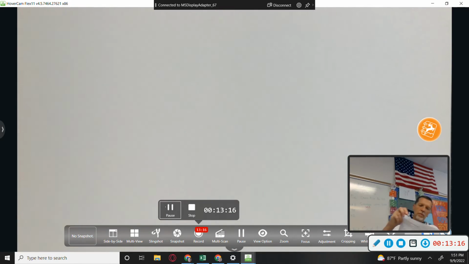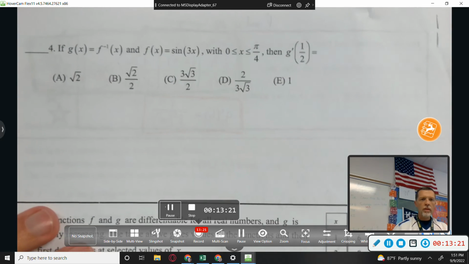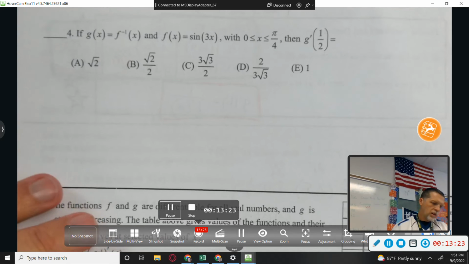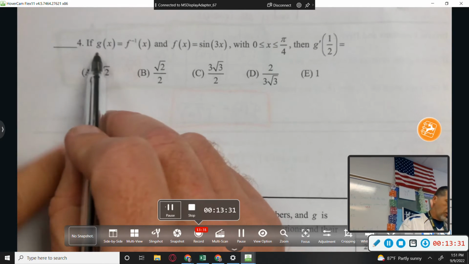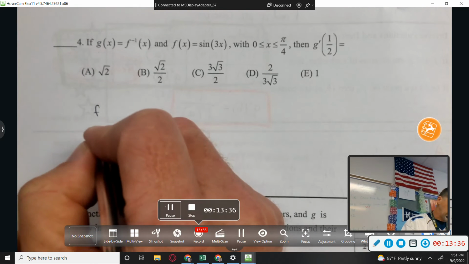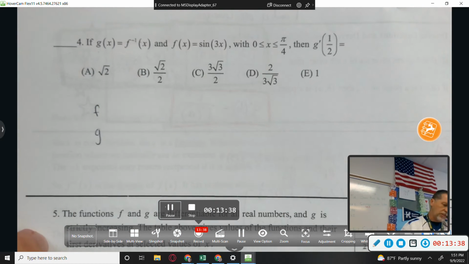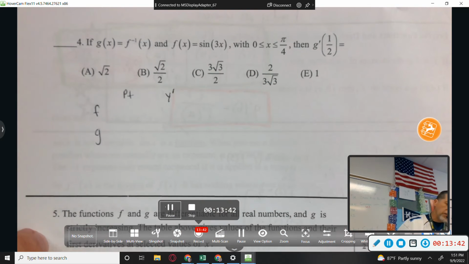Let's try one more. The last one is just another table problem, but let's try number 4. This looks scary. Again, there's lots of symbols, numbers, letters all over the place on this one. Okay, if G is the inverse of F, I can set up my table as F and G. I know there's a point and there's a derivative involved.